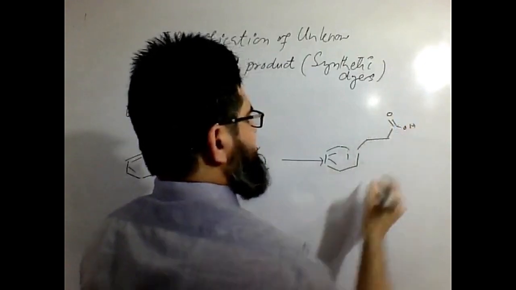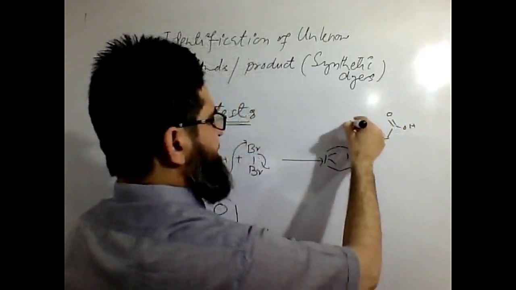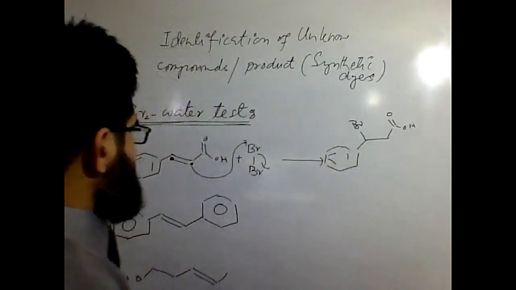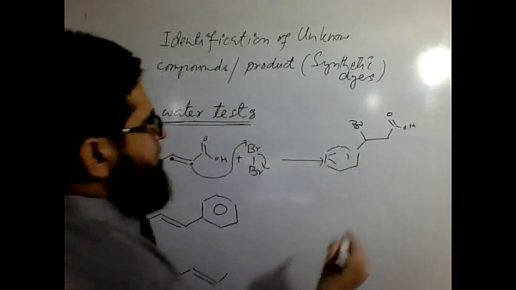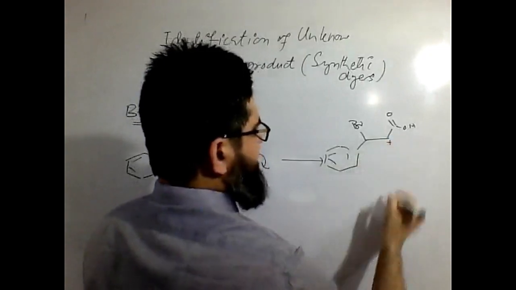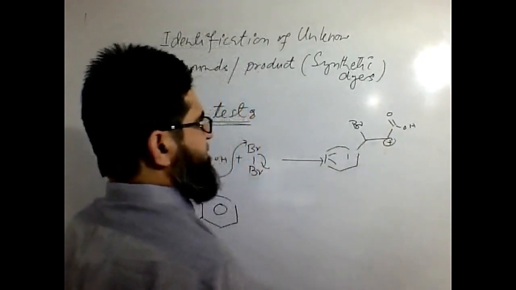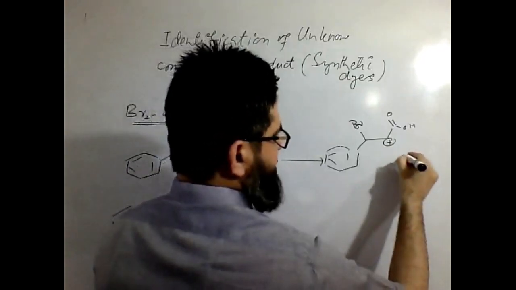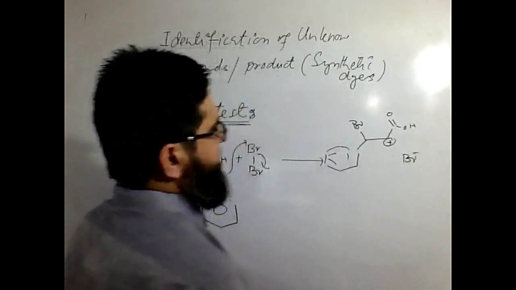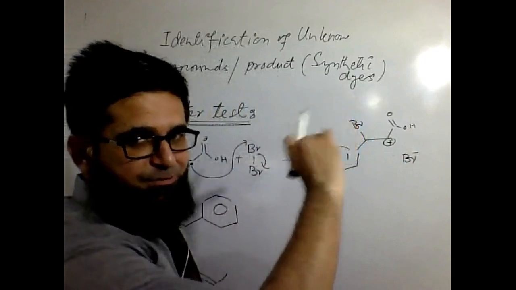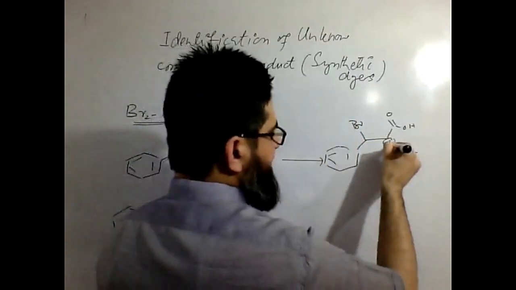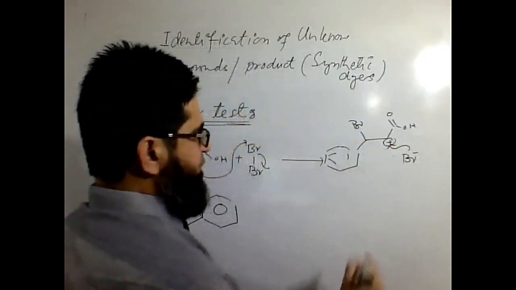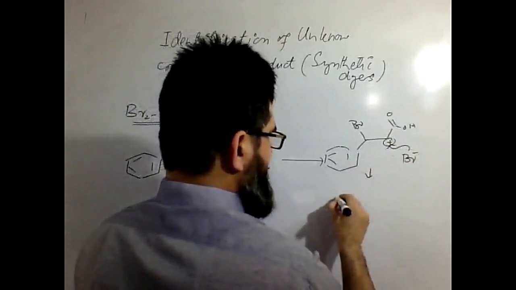It's a sort of an acid functionality. This got the Br. And this carbon carries positive charge because of its loss of its electron. We have an idea there is a presence of Br negative in the same flask, in the same test tube, so it can attack over here, giving you the consequent product.